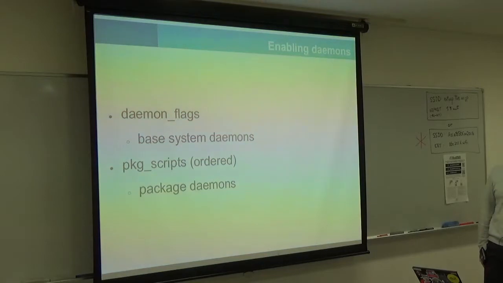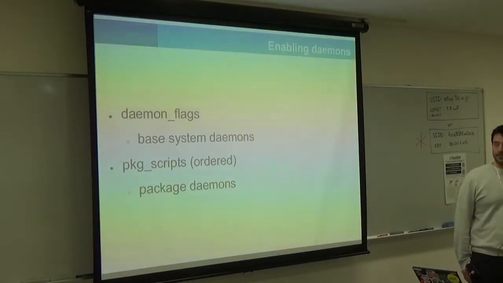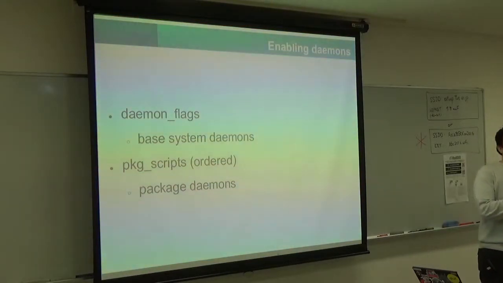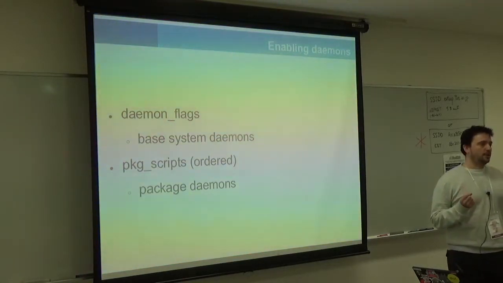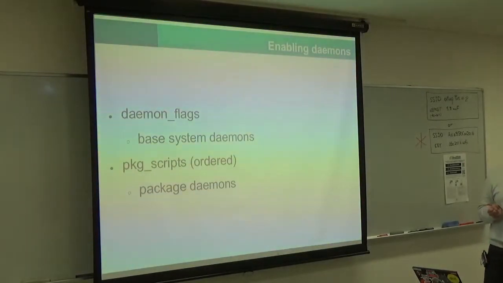So the way we enable daemons is by setting the daemon_flags variable, but it only works for base system daemons. The reason is that the base system only has knowledge about the base daemons, because they all are coded in the rc script and they're all running with the start_daemon function. /etc/rc has absolutely no knowledge of which external rc.d script it needs to run.